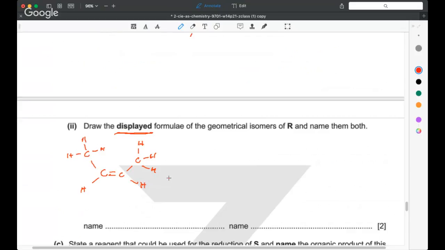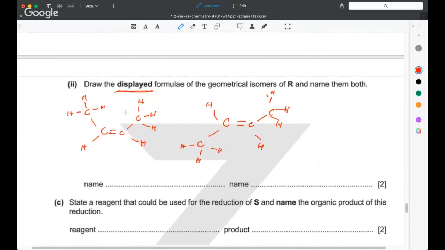So that's the cis isomer, and the trans isomer, again, is going to have the carbon up here and the hydrogen atoms there. And then you've got the carbon atom down here and the hydrogen atoms bonded here. So for these displayed formulae, you must show every single atom and its bond.